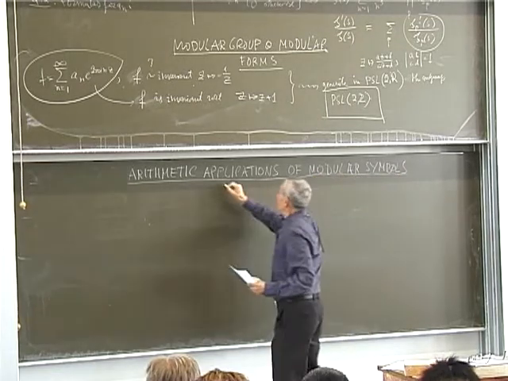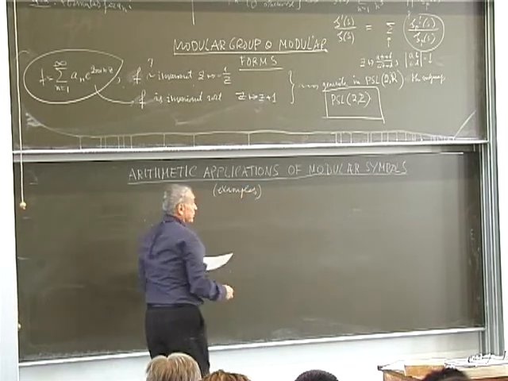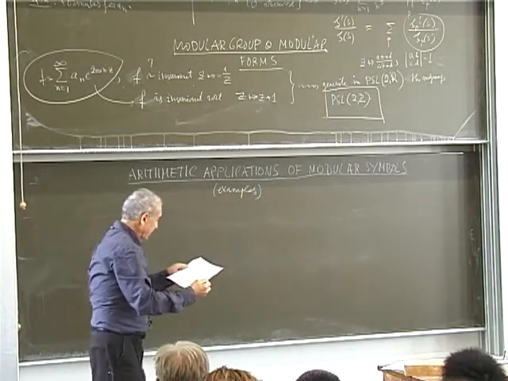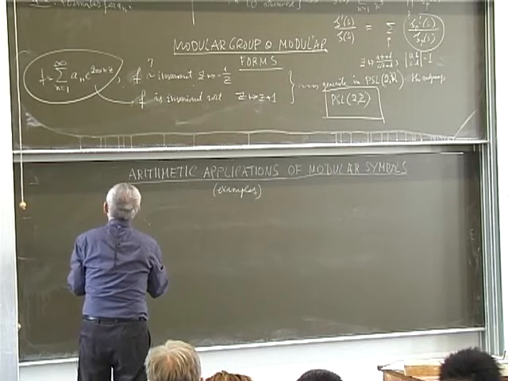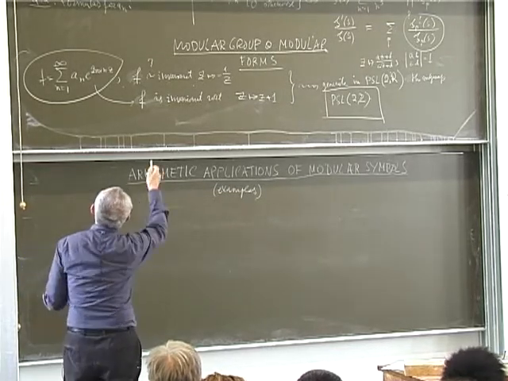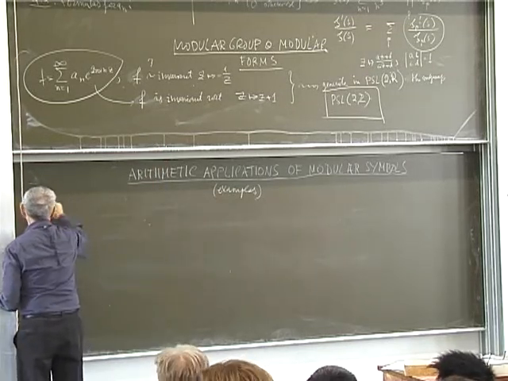Just examples. They are a part of a much more systematic picture, but just to introduce you to what we can get in this way. Okay, let's start with that one formula. So example number 1.